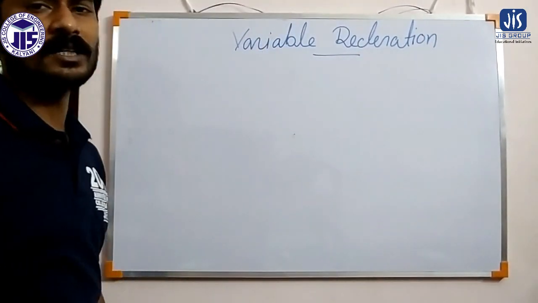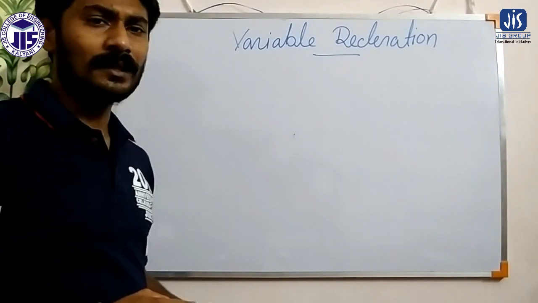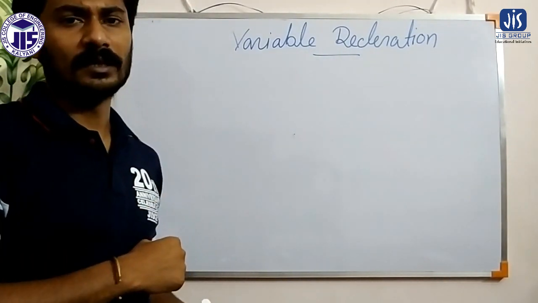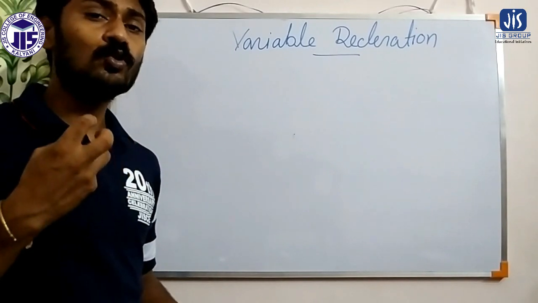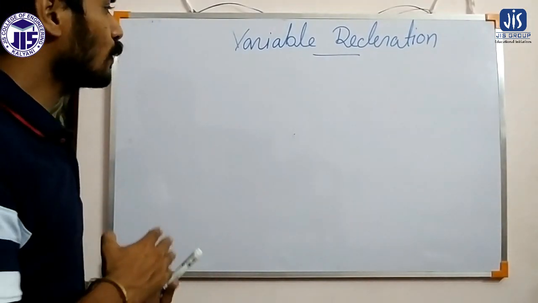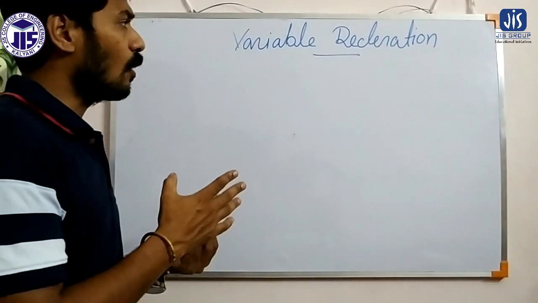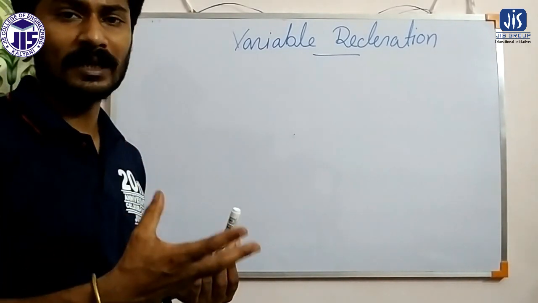So variable declaration. In variable declaration, mainly two components are there. Whenever we are going to declare a variable, mainly we use two components. Before we go to the declaration, why should we declare a variable? That is the main question.